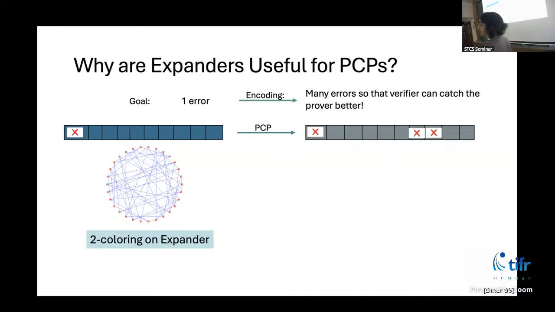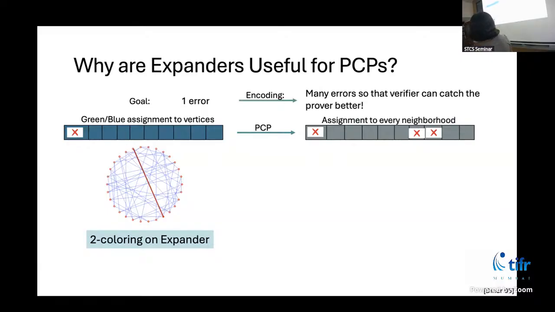In the no case, it's not 2-colorable. And we want to build a PCP for this. One way to give a proof is just to give a green or blue assignment to the vertices. But this might have just one error, so a verifier which just queries the edges will only notice an error with probability 1 over n.